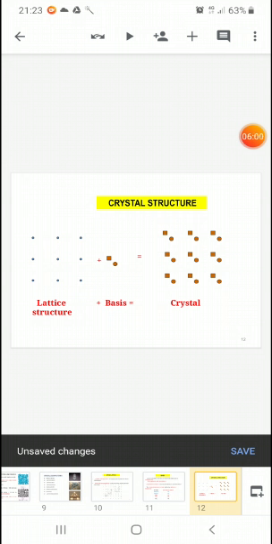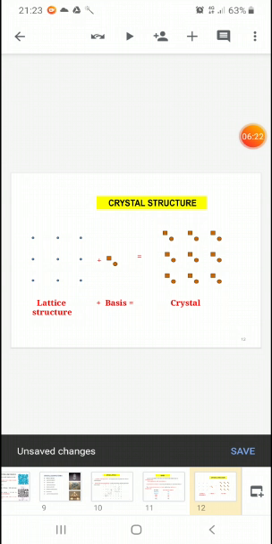This figure shows the lattice structure in the first figure with the help of the blue color dots. With the help of the red color dots, we show here the basis, and whenever there is a combination of the lattice structure plus basis, we see that a crystal structure is formed.